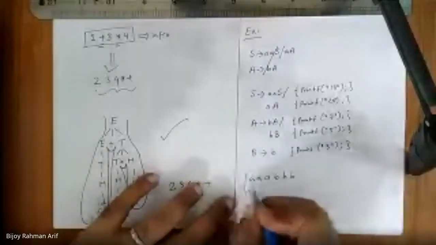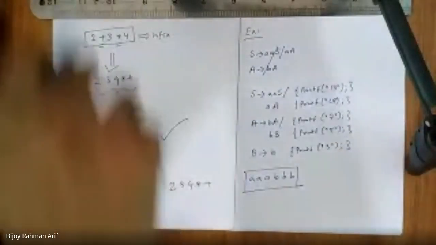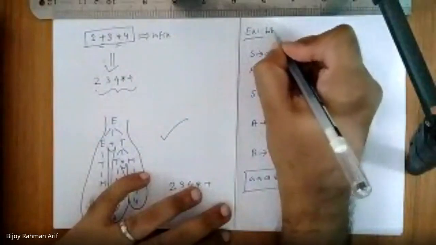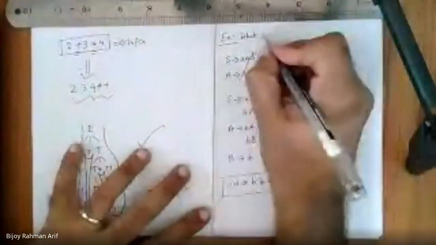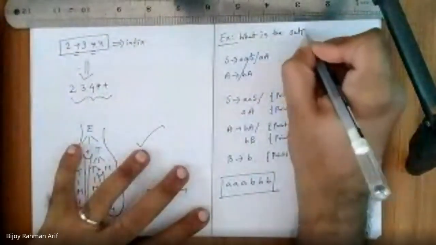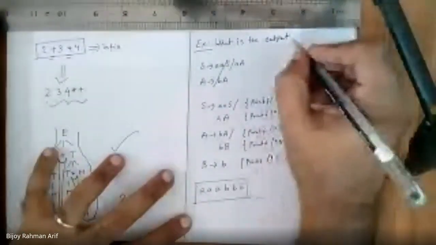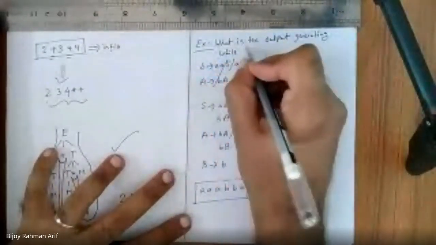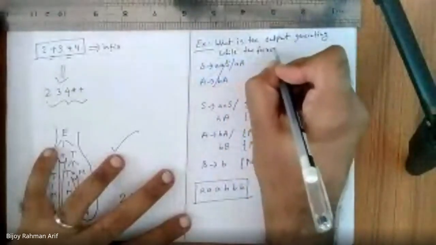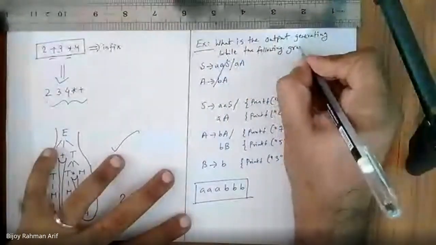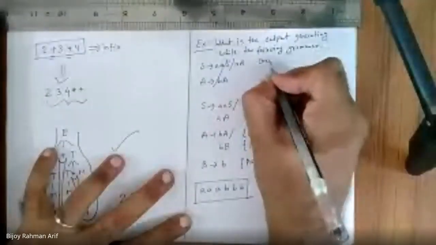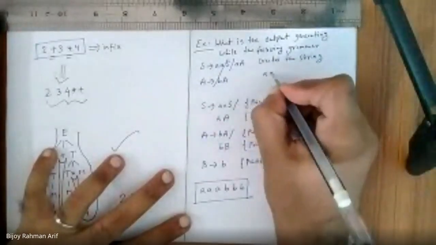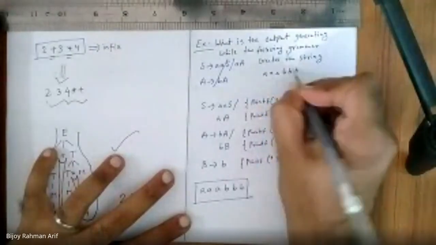Now the question is like this. What is the output generated while the following grammar creates the string AAABBB?